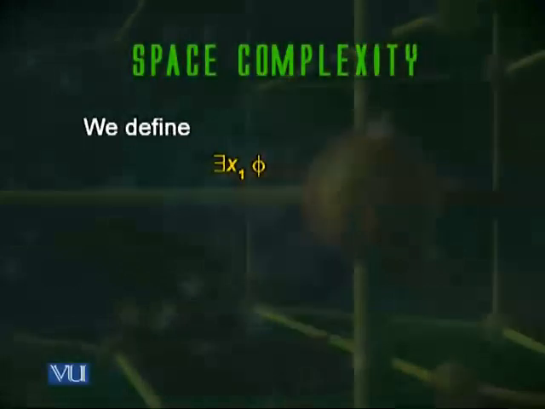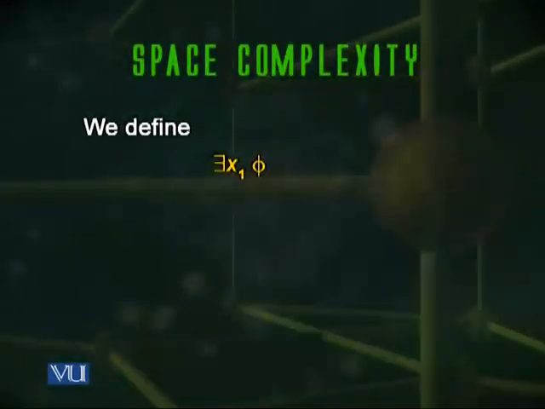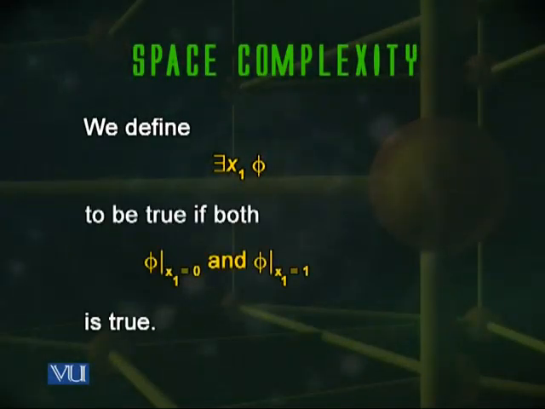Similarly, we define there exists x1 phi to be true if either phi restricted to x1 equals 0 is true or phi restricted to x1 equals 1 is true. These are very natural definitions, and they are the same definitions that we've gone through, but now our universe is Boolean variables.